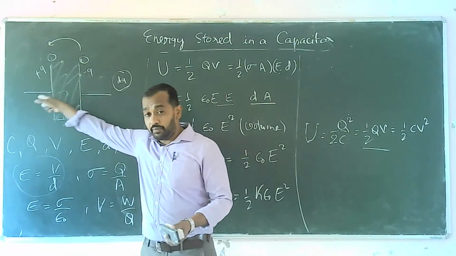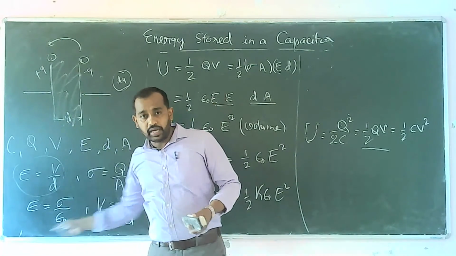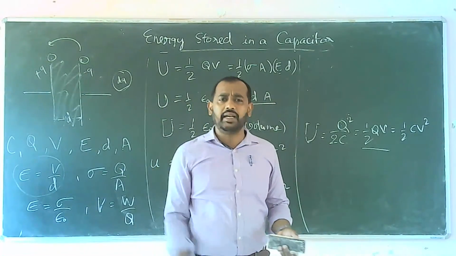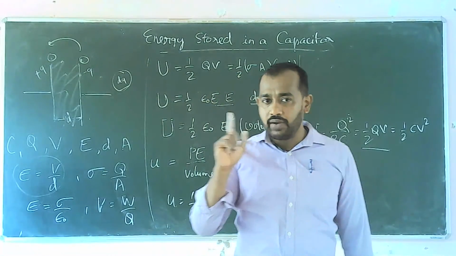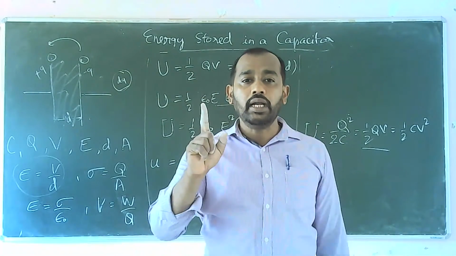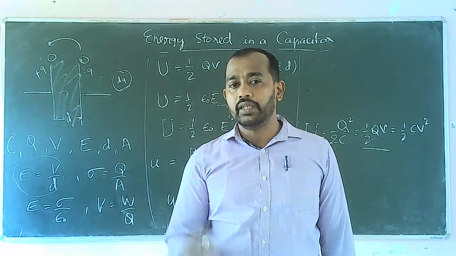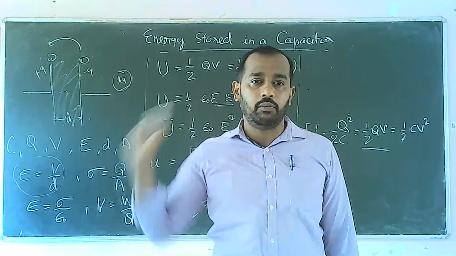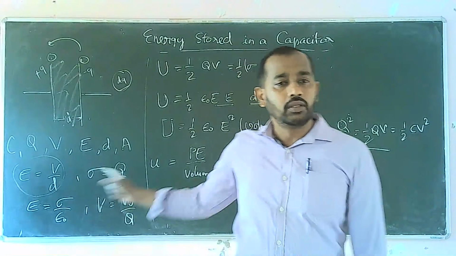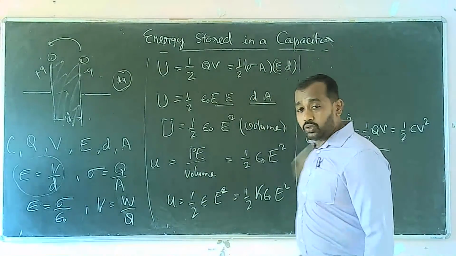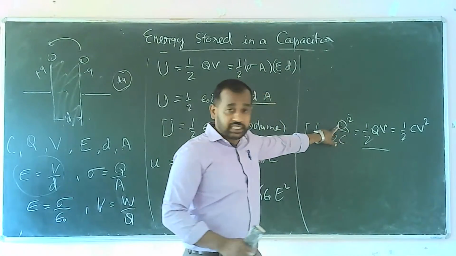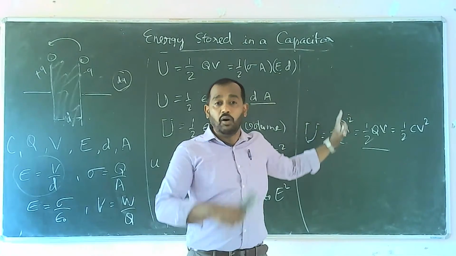Either they have been done directly or through some external agency, it does not make any difference. Since for a conservative force, work done is independent of the path followed. It depends only on the initial and the final position. So therefore, this energy stored will depend on how much charge is stored, not on how it is stored.